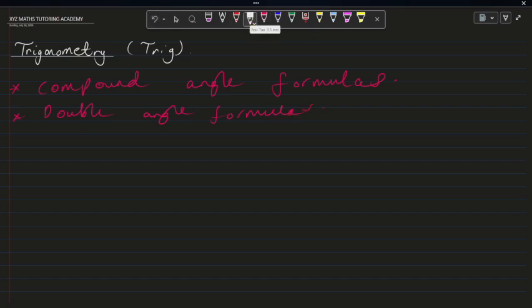Okay. So let's start with the compound angle formula.